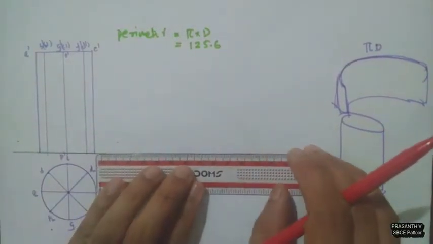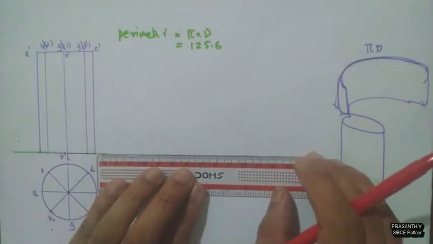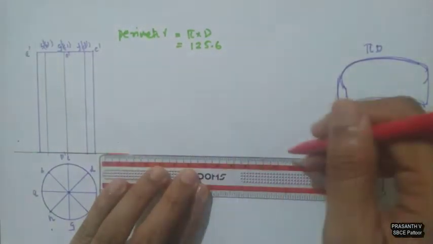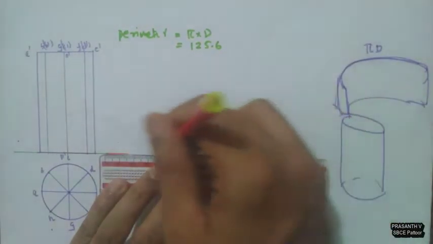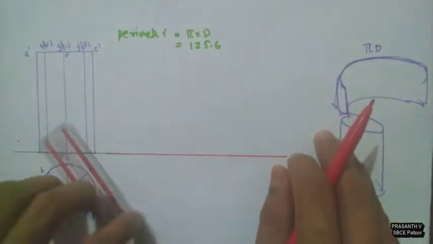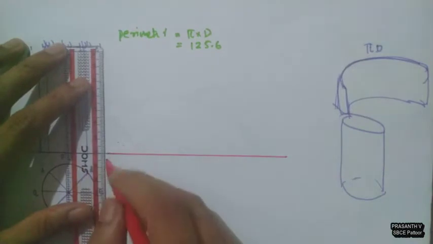You just take a round figure of 125. Now the height, as you know, is 70 mm.